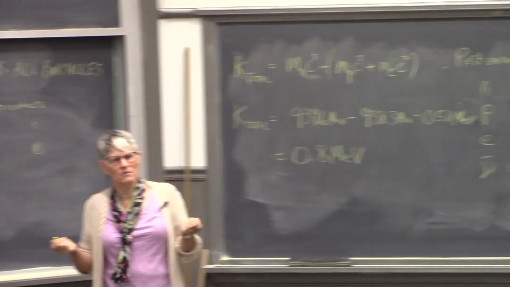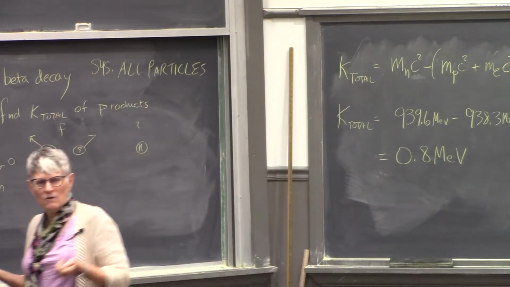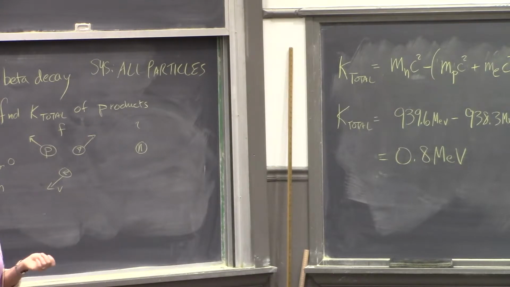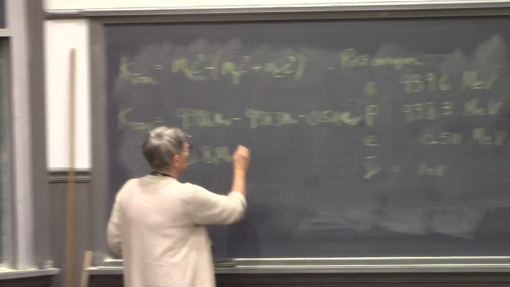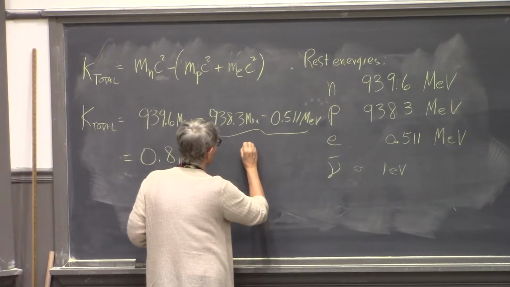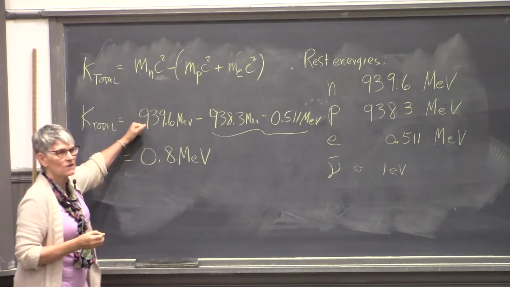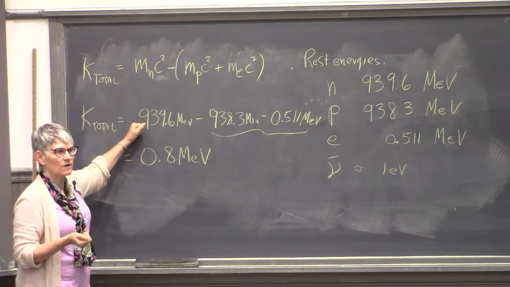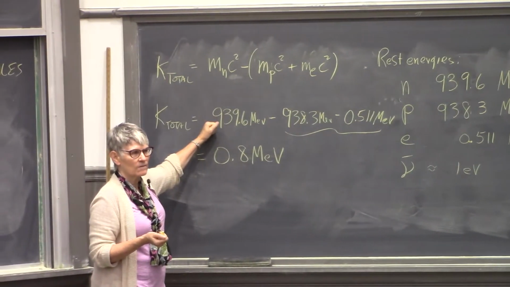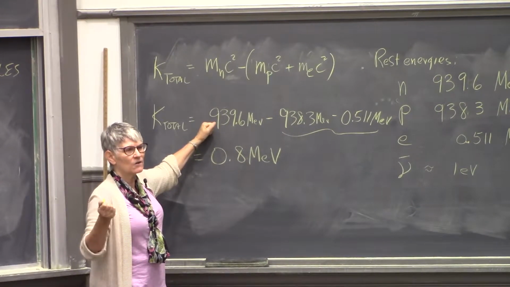So what do we just do? The rest energy of this whole system decreased, right? Because it turns out the rest energies of the products were actually less than the rest energy of the neutron. And where did that energy go?